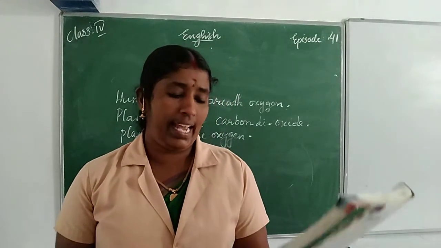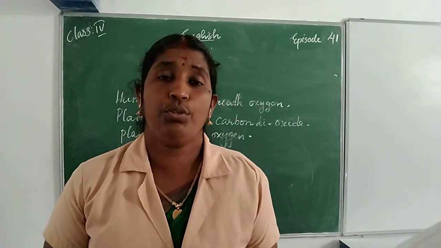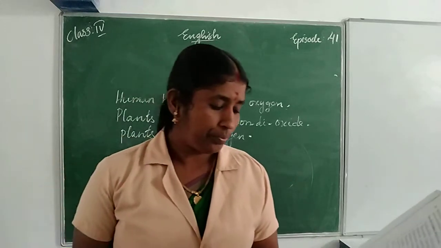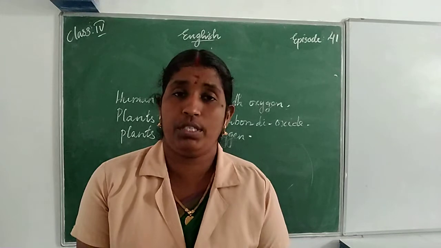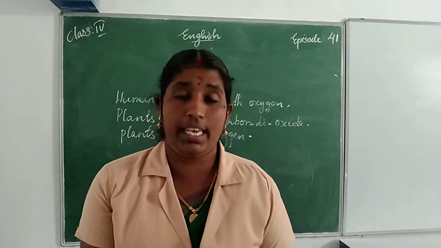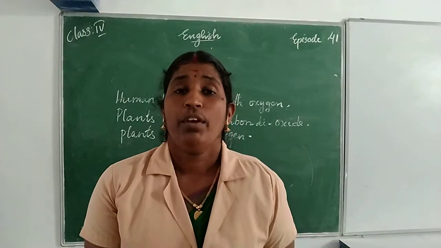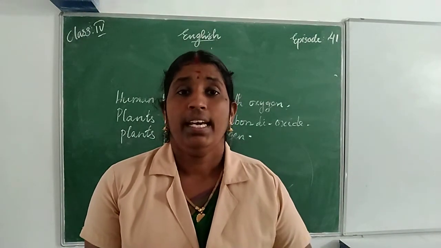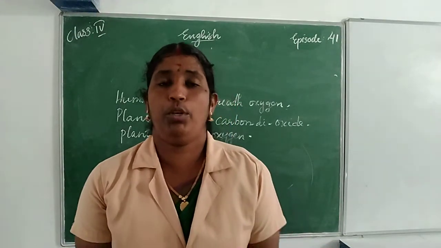Okay, there is an activity for you. It's very important. Whenever I give you an activity, you should do it and send it to me on time. Make a list of the things which cause air pollution. Which are the things that cause air pollution? Smoke causes air pollution.